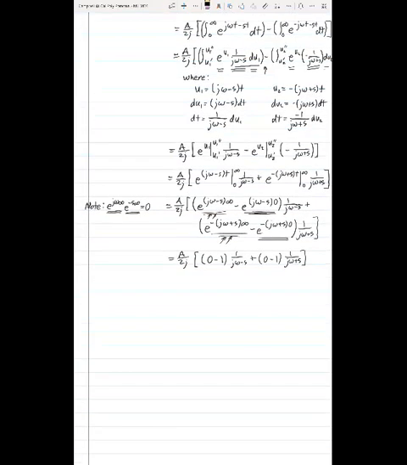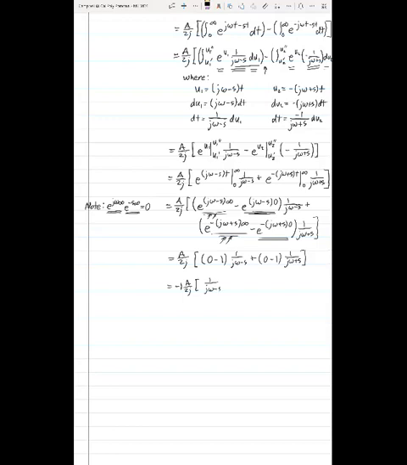Clearly, I'm just going to get a negative 1 here, a negative 1 here. I can go ahead and factor that out. So this is equal to negative 1 times a over 2j times 1 over j omega minus s.